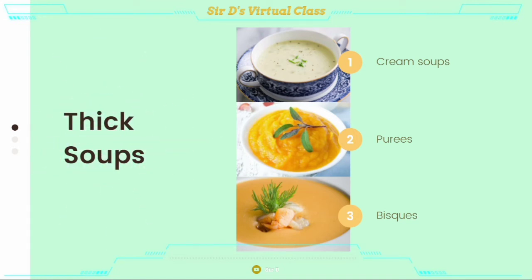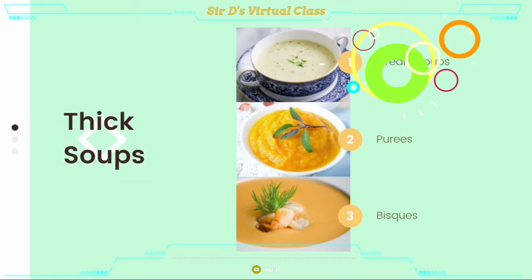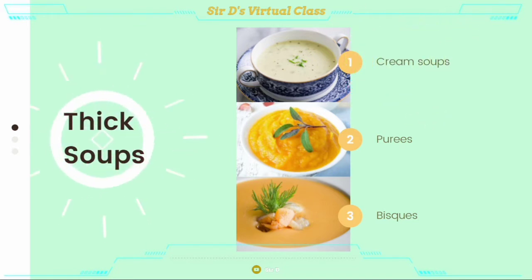Here are some examples of thick soups. Cream soups are soups thickened with roux, beurre manié, liaison, or other thickening agents plus milk or cream. Purees come next, vegetable soup thickened with starch.